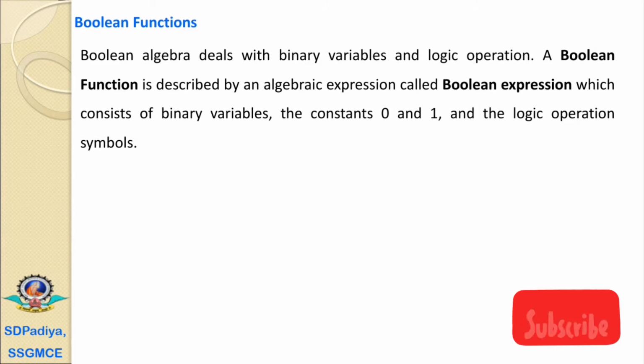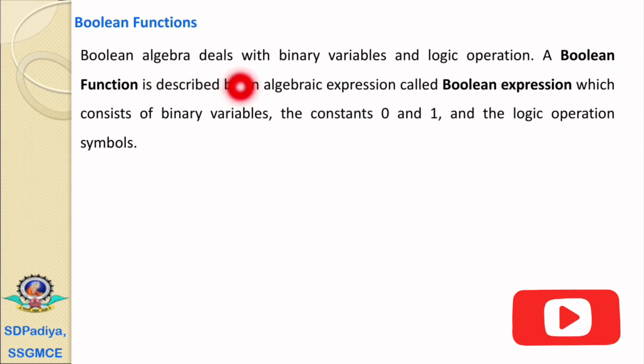Before this simplification technique, we'll see what the Boolean function is. In our previous video, we already discussed Boolean algebra. If you are not clear about Boolean algebra, then I request you to watch the videos related to it.